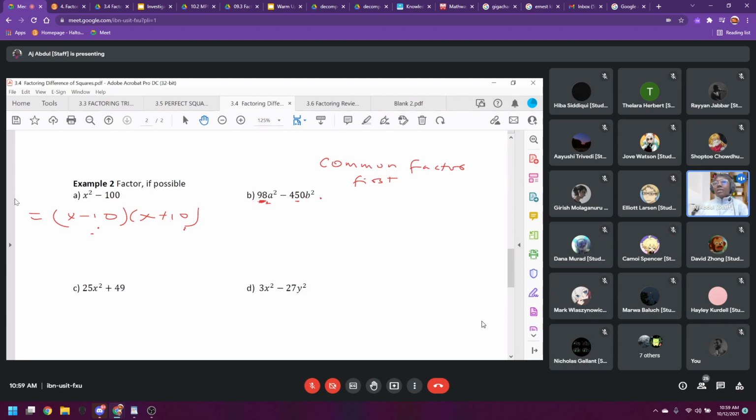Every single time, regardless of the kind of quadratic I get, if I want to factor, I have to common factor first. So I look at those two numbers. Can I common factor that? Is there a number that will go in 98, also go in 450? Is 98 an even or odd number?